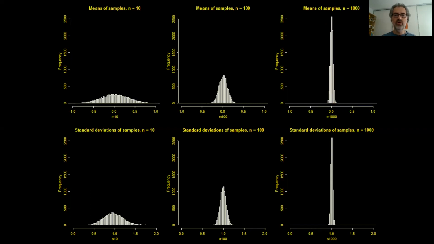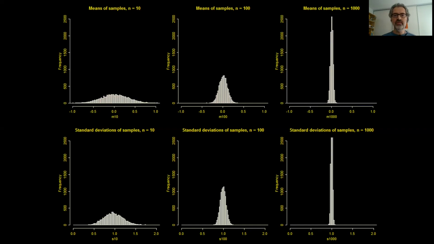Almost all means of samples of size 1000 are very, very close to the parameter value of 0. This is not the case for the means of samples with size 10. And the means of samples with size 100 is intermediate.